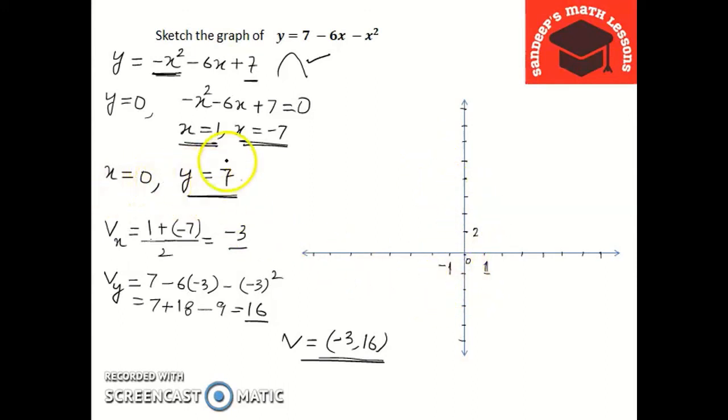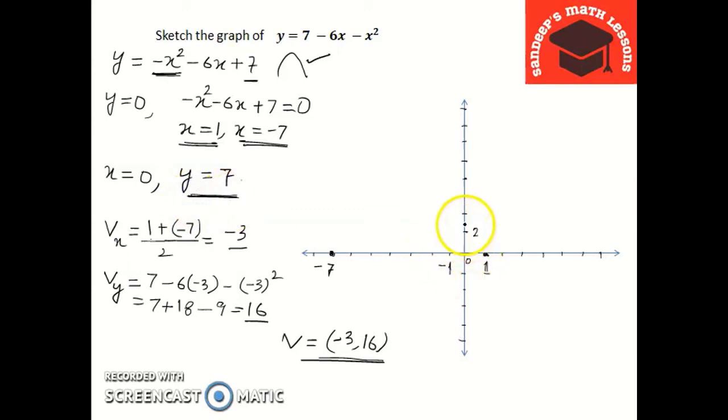Now the x-intercepts were 1 and -7. So 1 is this point. -7 will be this point. This is -7. And the y-intercept is 7.